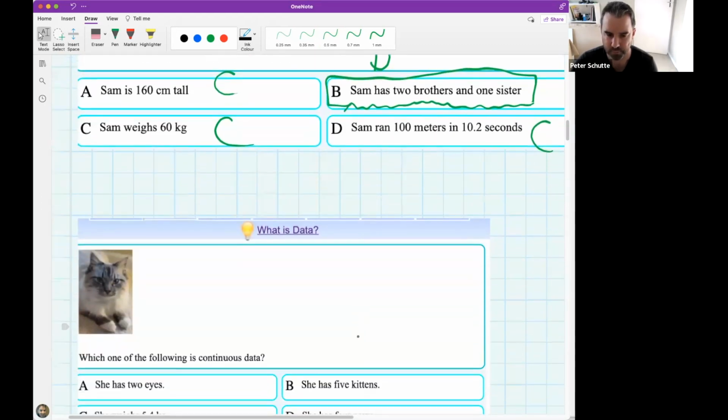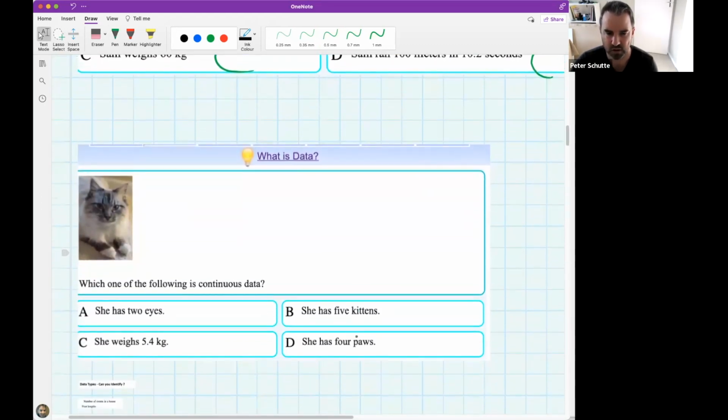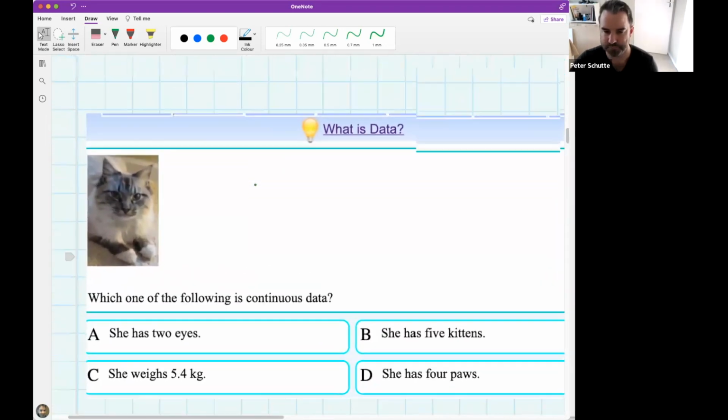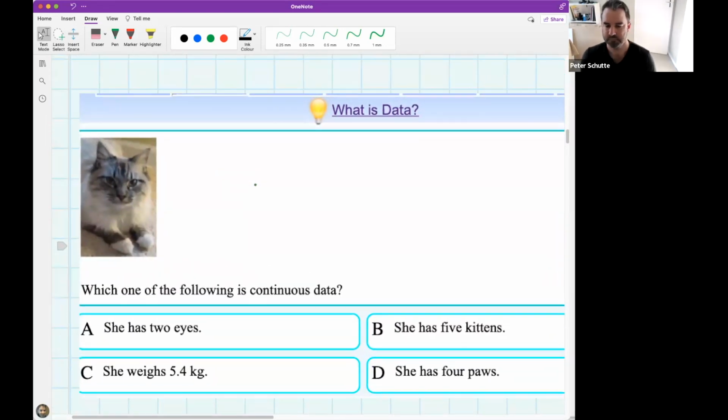All right. So which of the following is continuous data? So 2 eyes, discrete, 5 kittens, discrete, 4 paws, discrete.